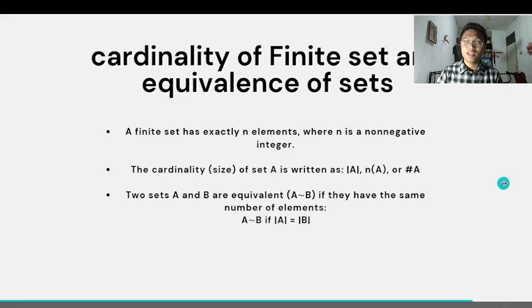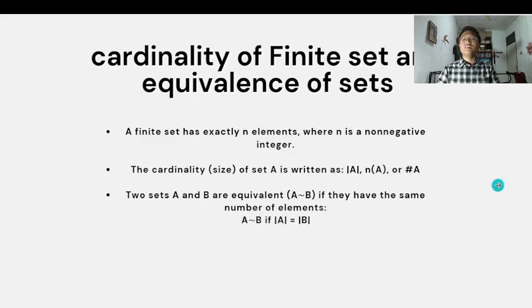Okay, to the next section we go. We will be talking about cardinality of finite sets and equivalence of sets. Here we will be talking about how to count a finite set and how a set is equivalent to another. What is a finite set?